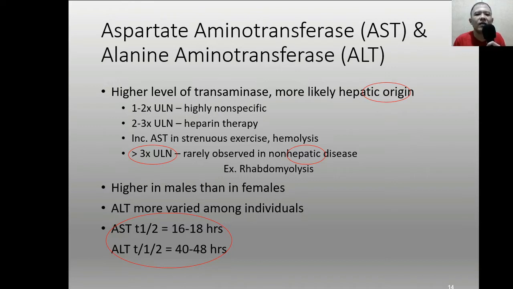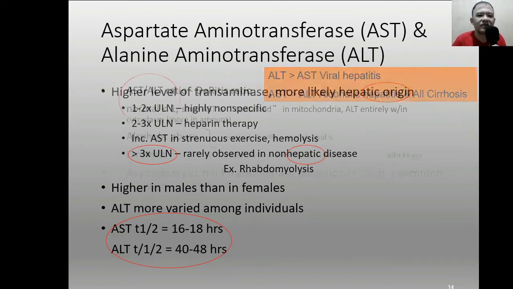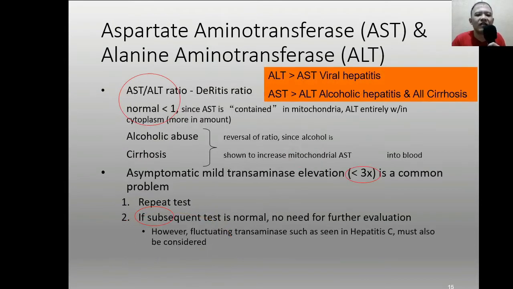Comparing both AST and ALT, ALT has a higher half-life. That means ALT persists in the blood longer than AST. And we have a very useful, handy ratio that we call the De Ritis ratio, which is AST over ALT.